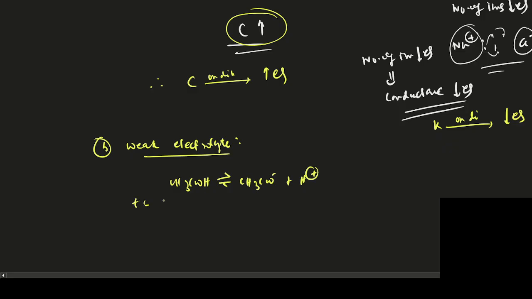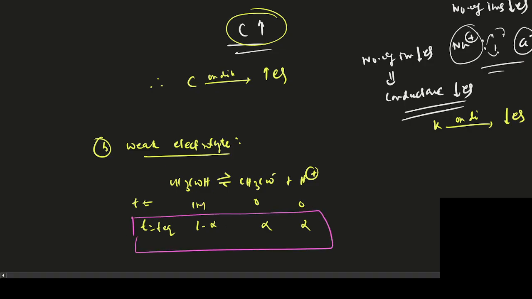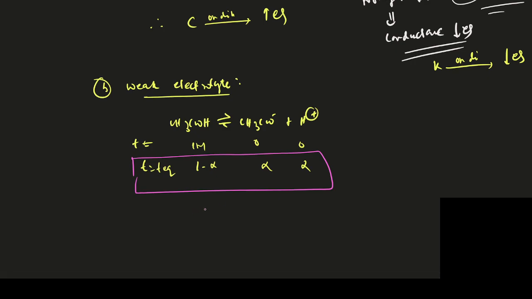So at T equal to 0, let's say I have taken 1 molar, 0, 0, and at T equal to T equilibrium, this is 1 minus alpha, then alpha, alpha. So in the solution, this concentration of CH3COOH is present, and alpha is very less.